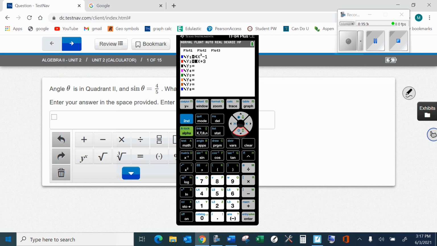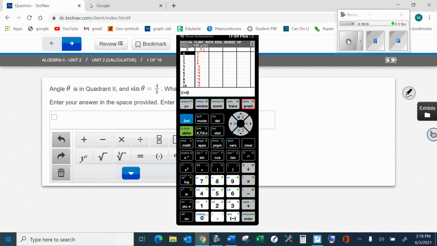Let's say I only want to see the red one, y sub 2. I can go ahead and highlight that equal sign and hit enter. Notice it unhighlights it. So now when I go to the table, it's only going to show me the y values for that y sub 2 graph, y equals -x plus 3. Notice that it still gives you color-coded red, but it's only showing you that one now.